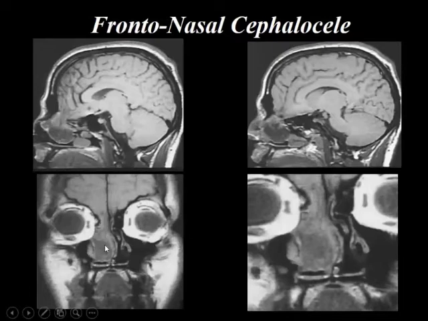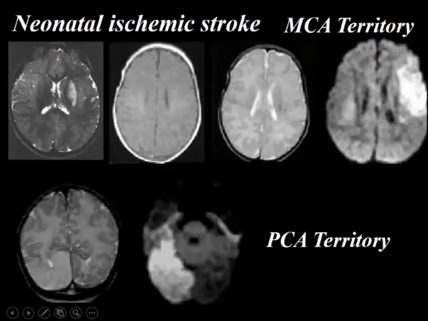It'll be a cephalocele. So it's important we do an MR. We can look at the herniation of the frontal lobe here on the sagittal plane. Same thing here on the coronal plane. You can see the herniation of the frontal lobe. So this is a frontonasal cephalocele.